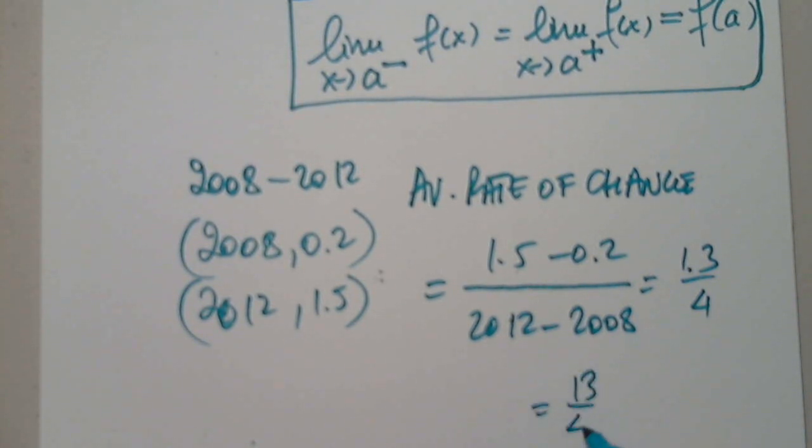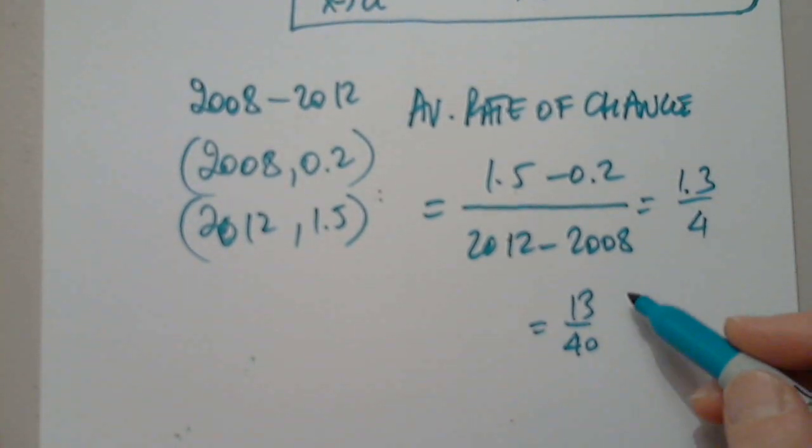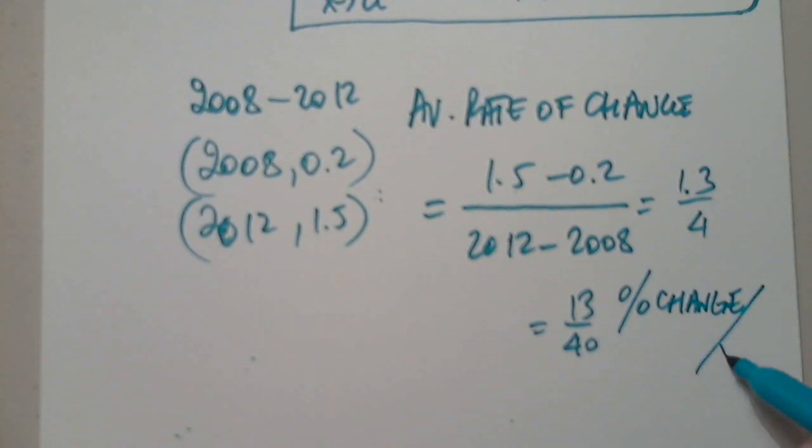Or 13 over 40. Multiply top and bottom by 10 to eliminate decimal numbers inside a fraction. And now we have to write the measurement unit: percent change per year.